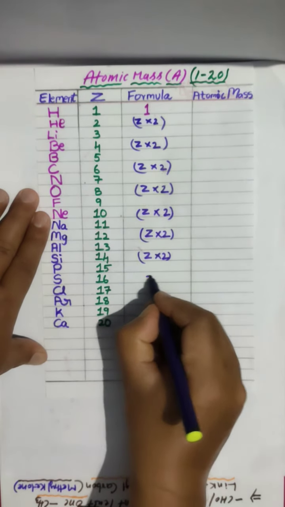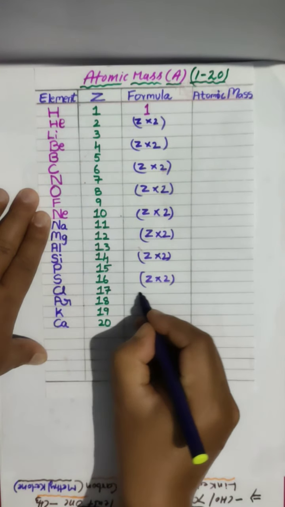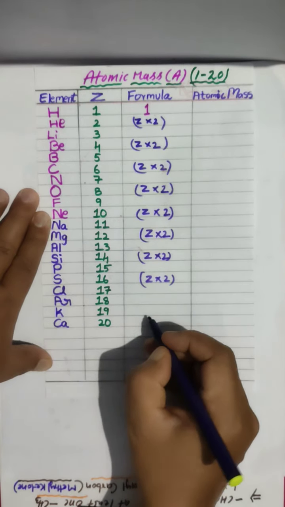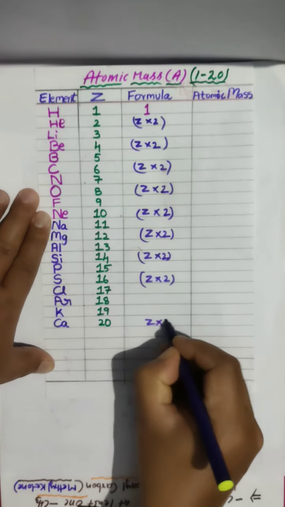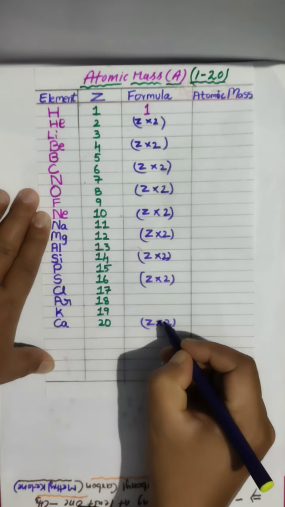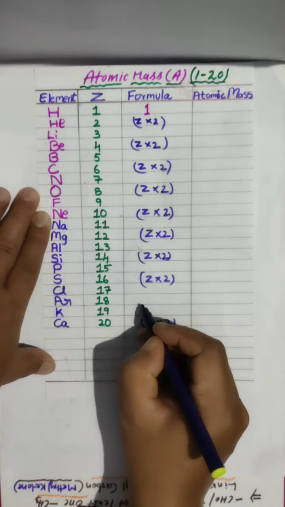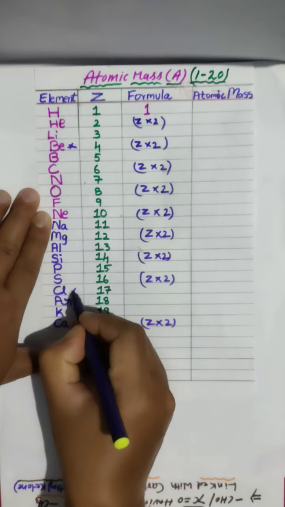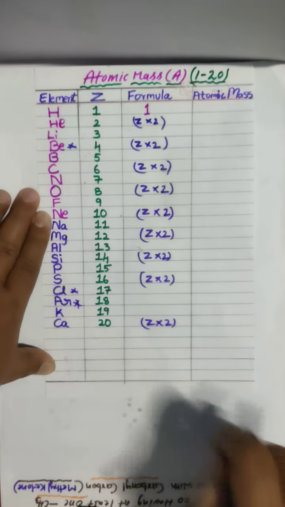And sulfur, Z into 2. I told you chlorine and argon are exceptional cases, and these you have to leave. Calcium, Z into 2. Beryllium is an exception; later we'll discuss. Beryllium, chlorine and argon are the exceptional cases.